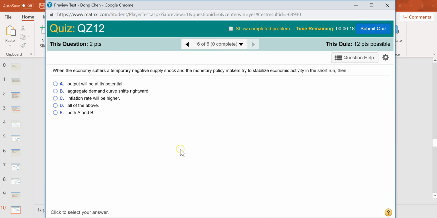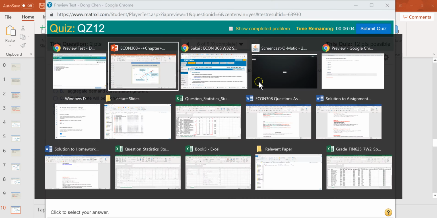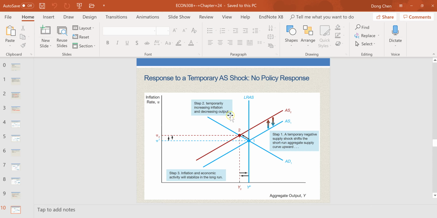Based on our discussion so far, we can check the answers to see whether we can answer this question. A, output will be at its potential. I think the central bank can do that, because when it tries to stabilize economic activity, it can shift the AD curve.